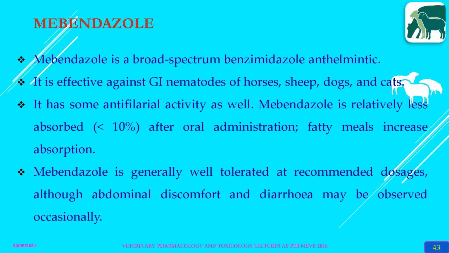Mebendazole is relatively less absorbed compared to other drugs. After oral administration, fatty meals increase absorption, but it is less than 10%. Fenbendazole and mebendazole are both absorbed very poorly.